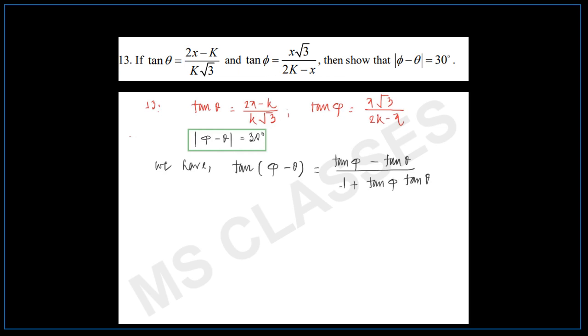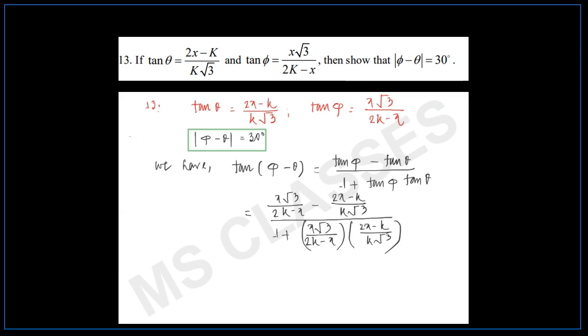So children, tan phi minus tan theta. So you have the value x root 3 by 2k minus 6 minus tan theta value (2x minus k) by k root 3, whole divided by 1 plus tan phi, that is x root 3 by 2k minus 6 into (2x minus k) by k root 3.